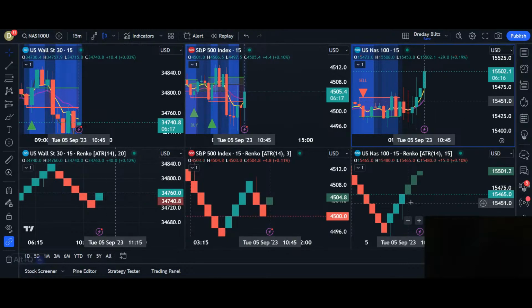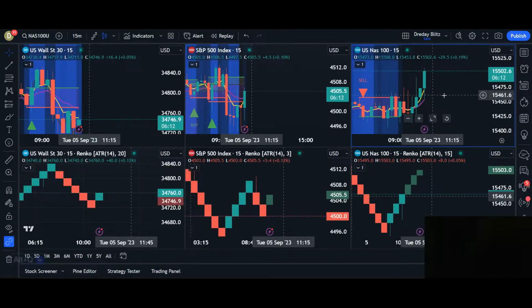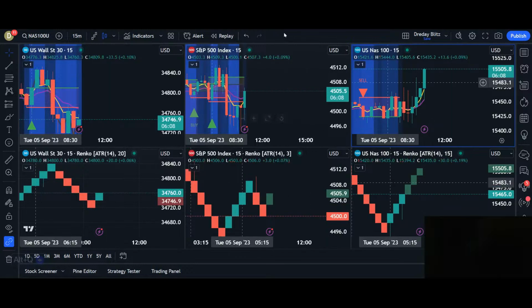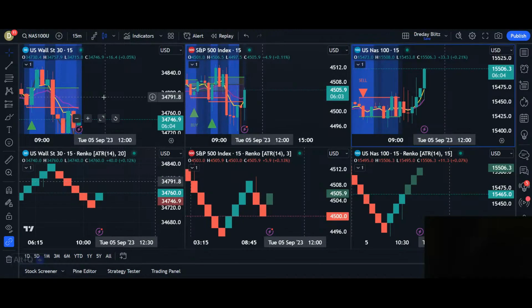Now we have S&P 500 starting to reverse, and the same thing for US 30, which is reversing currently.